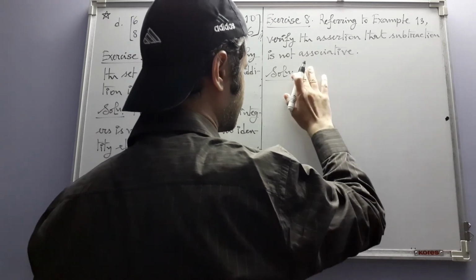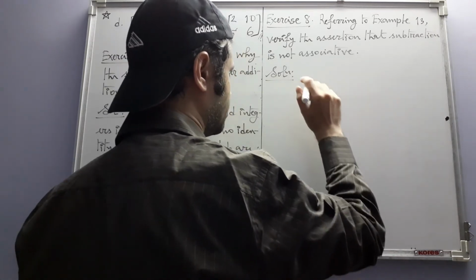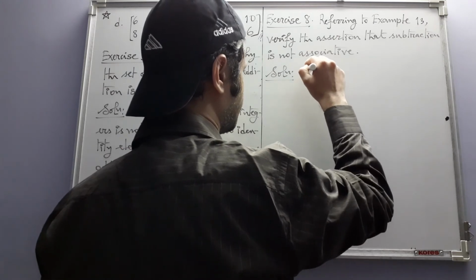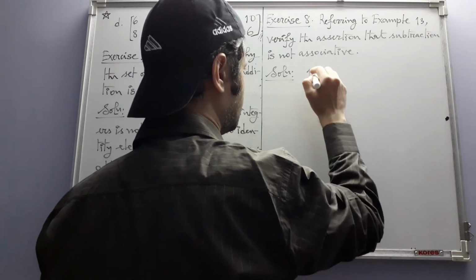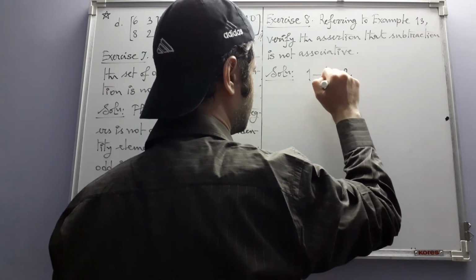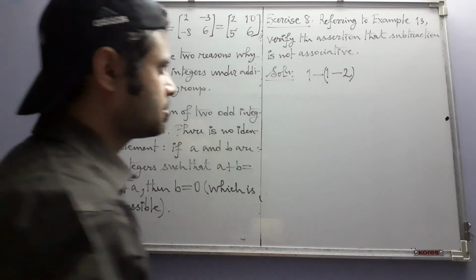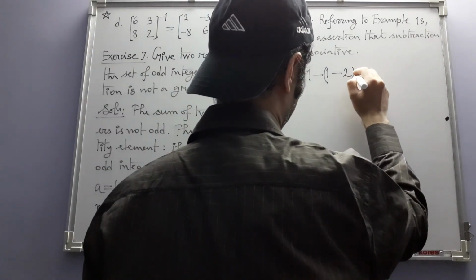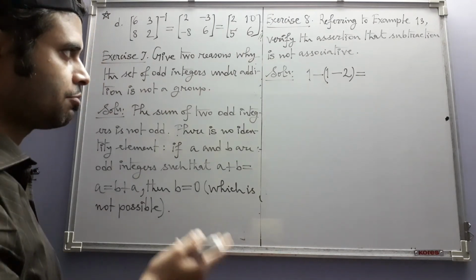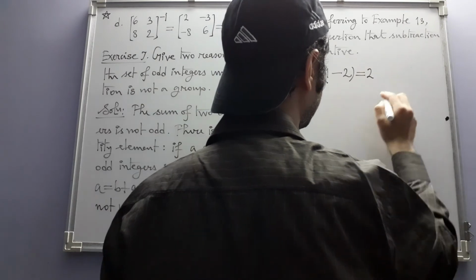I'm just going to write the relation, which is not an equation, it's a non-equation. If you form this expression, 1 minus 1 minus 2, then what do you get? 1 minus 2 is minus 1, minus of minus 1 is plus 1, 1 plus 1 is 2.